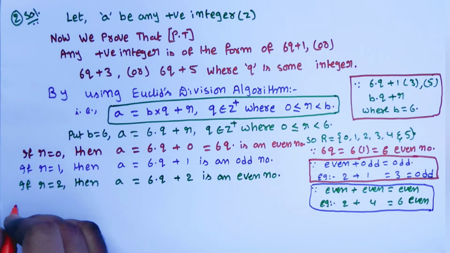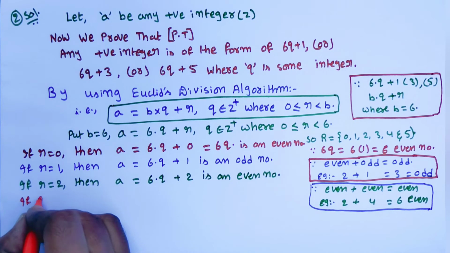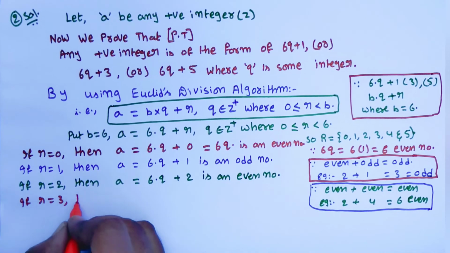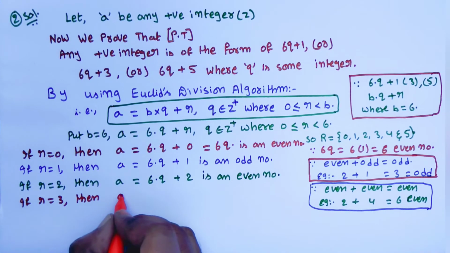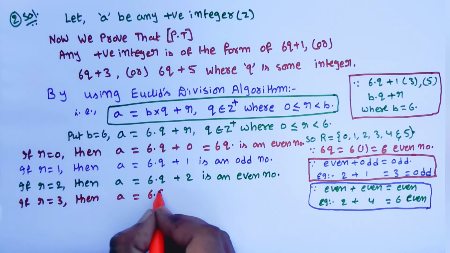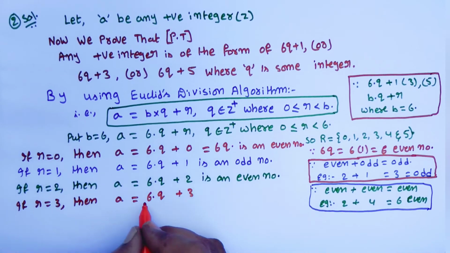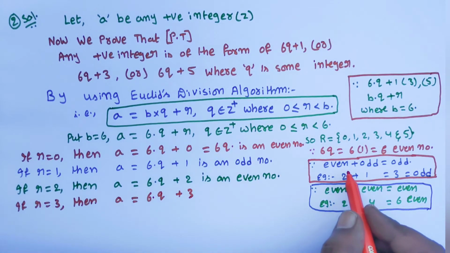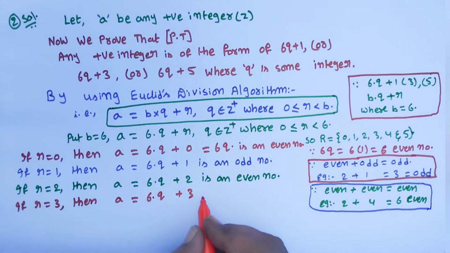Now if r equals 3, then a equals 6 into q plus 3. 6q means even, 3 is an odd number. So even plus odd makes odd.